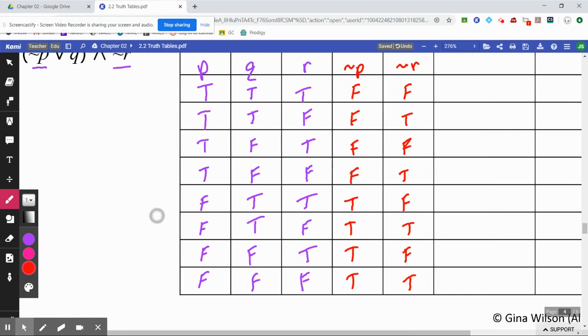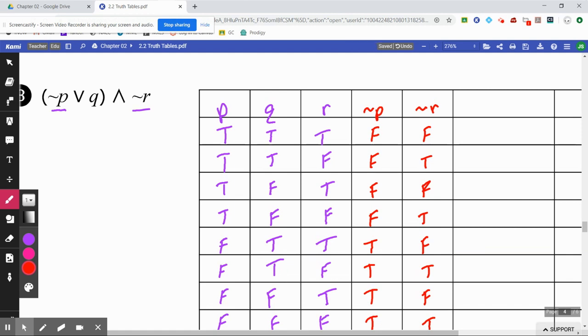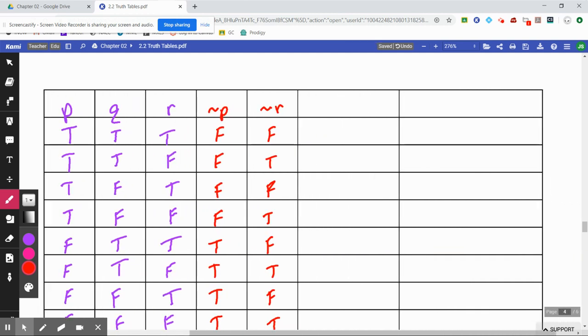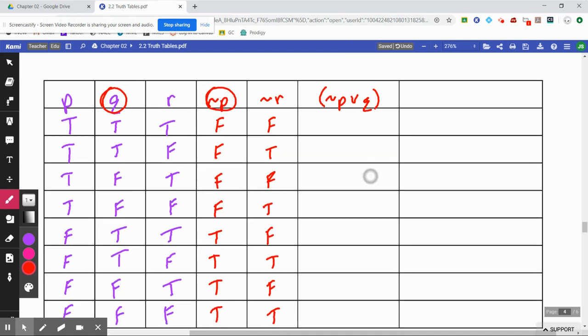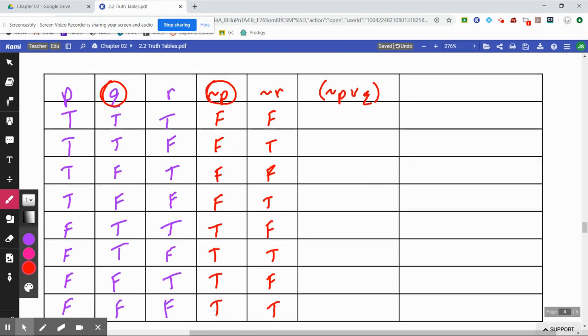Okay, so now let's do our parentheses next. In parentheses, I have a not P or Q. So let's find not P, which is right here, and let's find Q, which is right here. Since it's an or statement, if either is true, then this statement will be true. So here I have true, false, which will be a true.